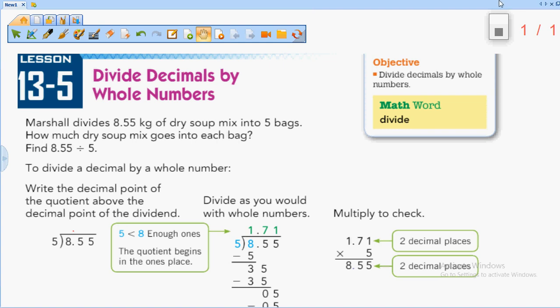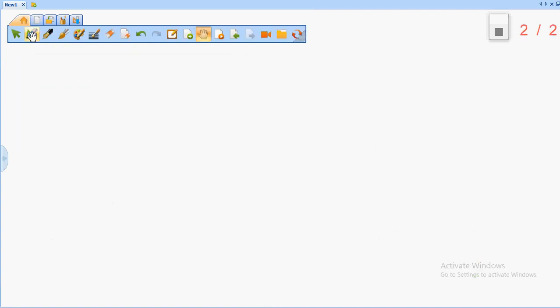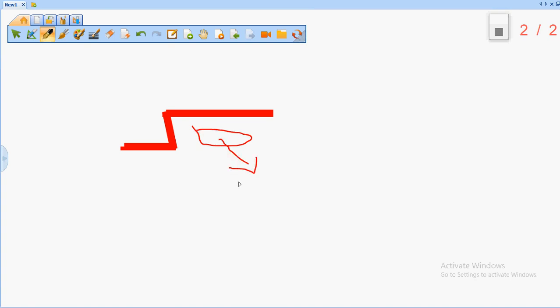Okay, so now let me revise with you how to divide a whole number by a whole number. When I put any number here in this space, this is called the dividend.